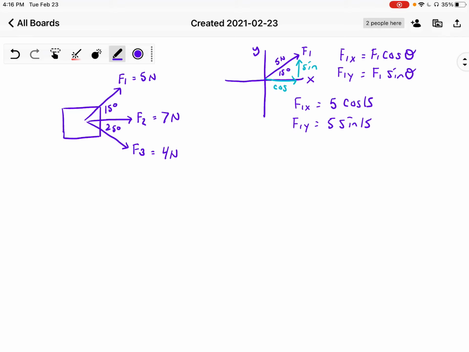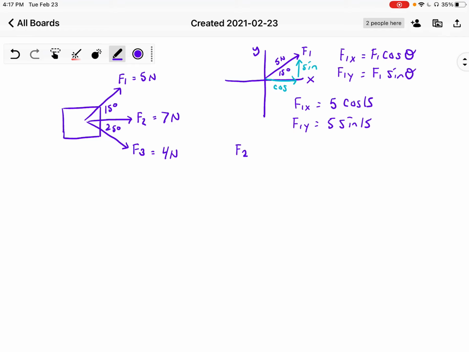It's so much easier to write it like this and then plug it into your calculator later when you have all the values ready to go. We have now the x and y components of F1. Now let's do the same for F2. So F2, we can see that it's just pointing to the right.